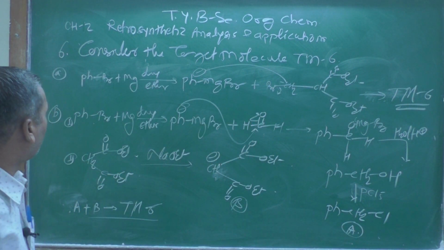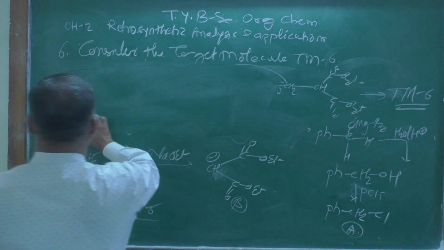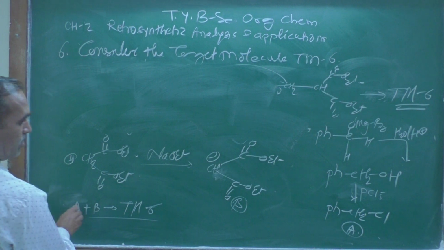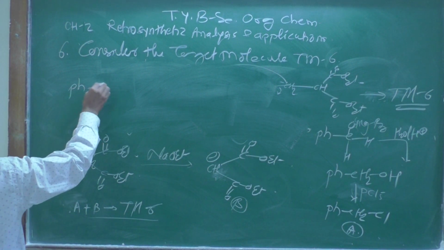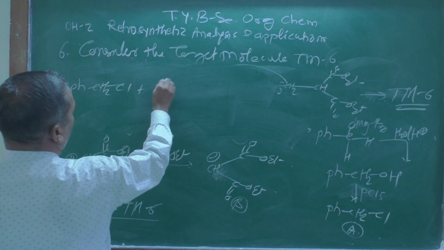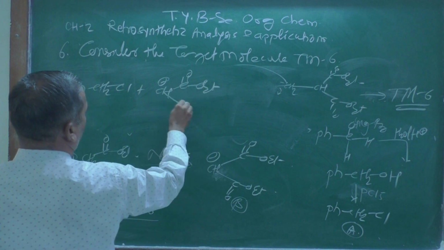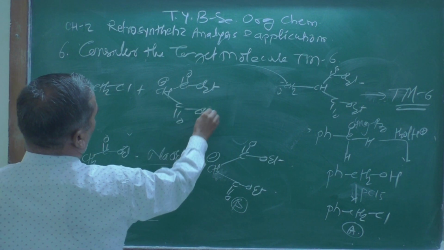How am I getting it? Let me show here again. So this is a better way. Let me draw. A is here PhCH2Cl, which will be treated with the carbanion CH minus with C double bond O OEt and another C double bond O OEt.